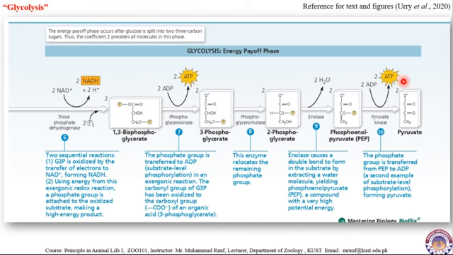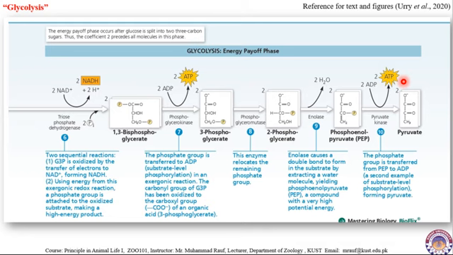4, but remember that in the energy investment phase, the cell used 2 of its ATPs, and now the second or the energy payoff phase has produced 4 ATPs. So we need to subtract those 2 ATPs which were consumed.